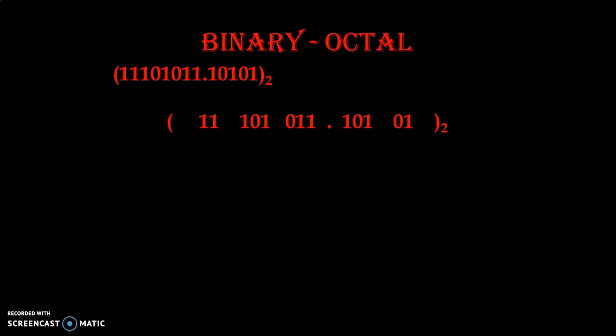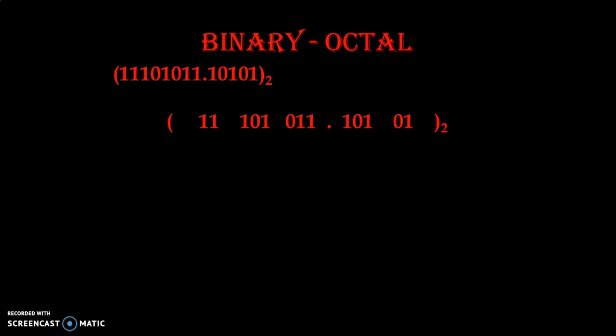Let us take one more mixed number, integer value as well as fractional value, right? So we write in groups of 3. Here we can observe that from the radix point, or from the fractional point, for the integer number, we proceed from right to left while preparing groups of 3.